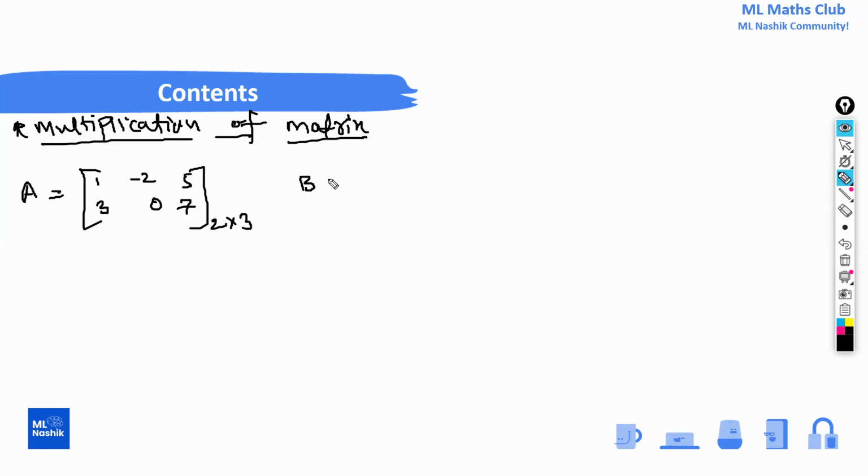And we have another matrix B of order 3 by 2. Let us suppose the elements as 0, -1, 2, 3, -5, and 7. So here we have 3 rows and 2 columns.